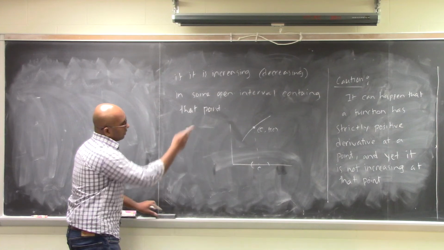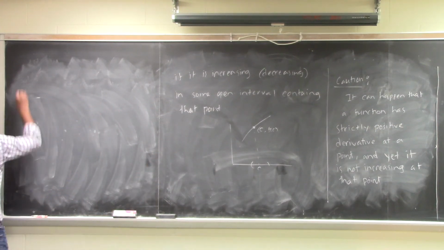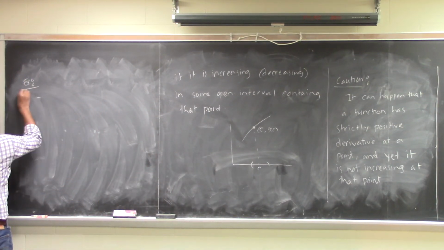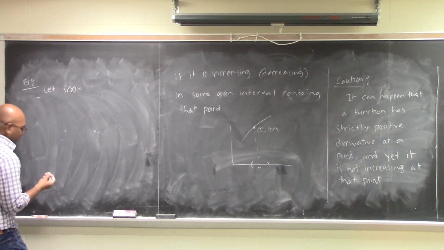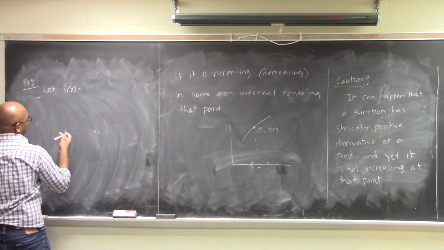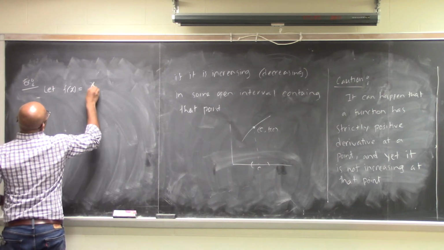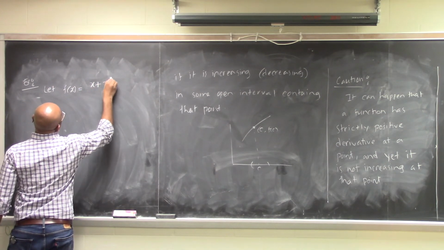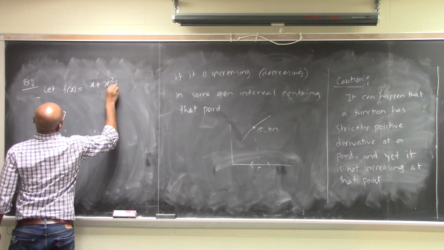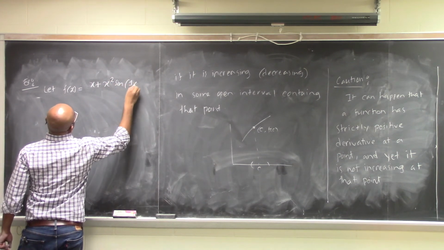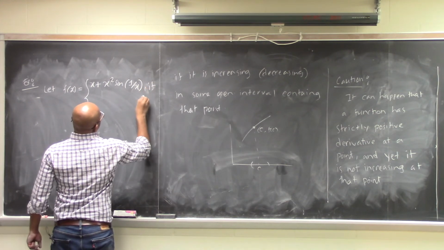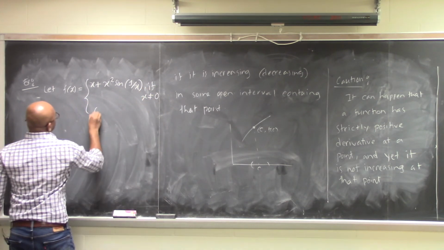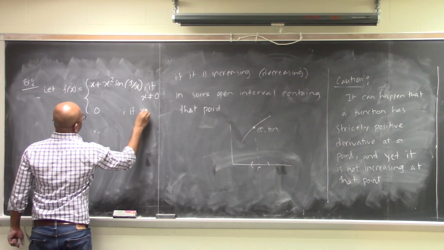So this is an example about that caution. Let f of x be this function: x plus x squared sine 1 over x if x is not equal to 0, and it is 0 if x is equal to 0.